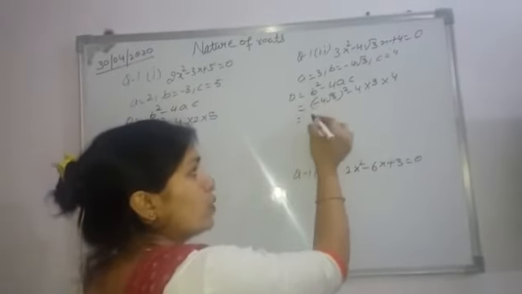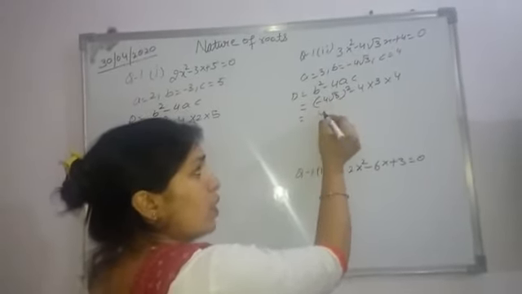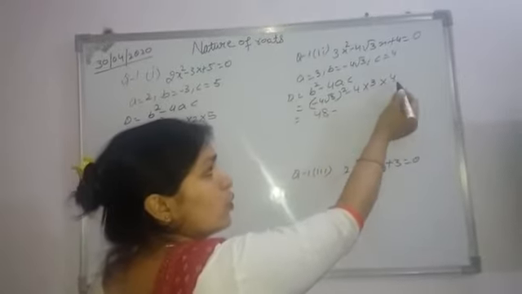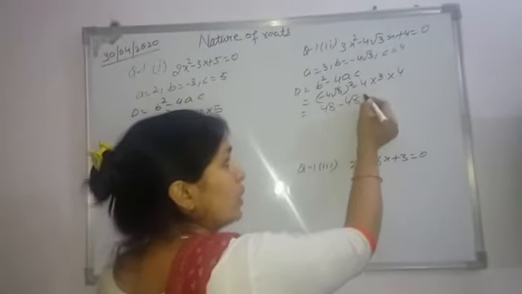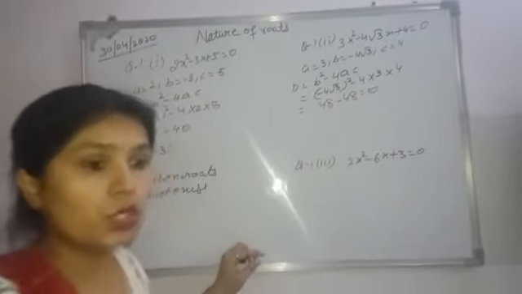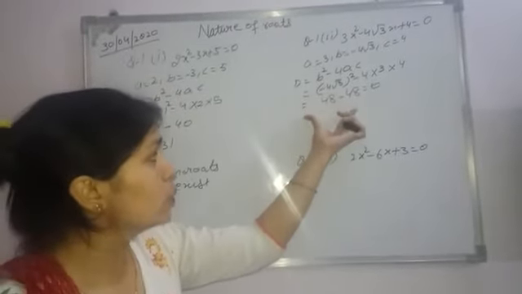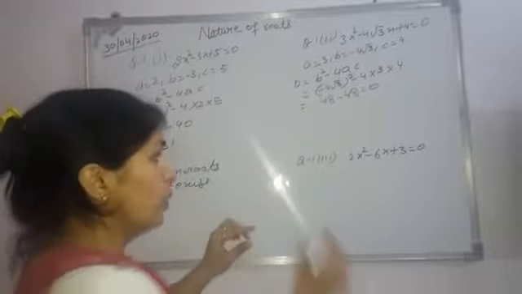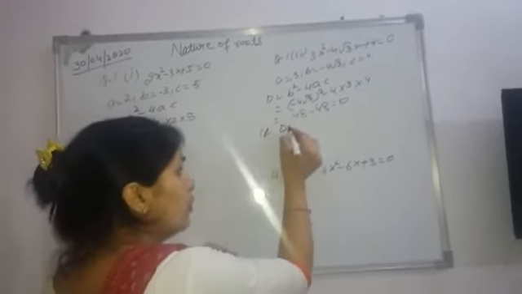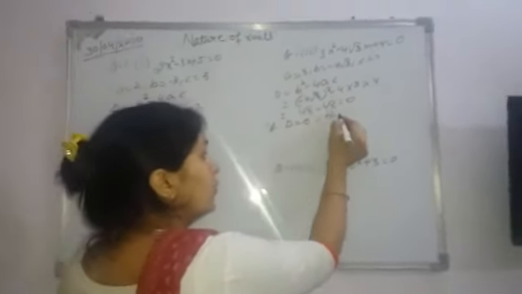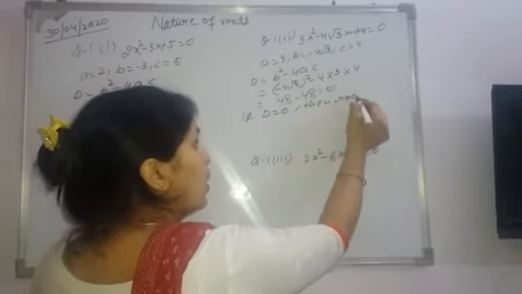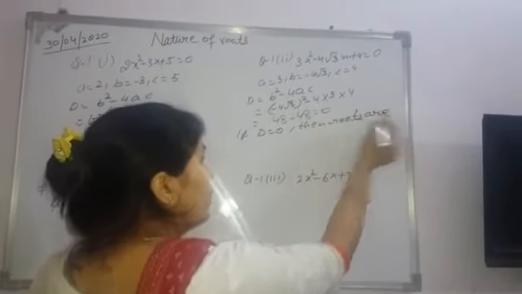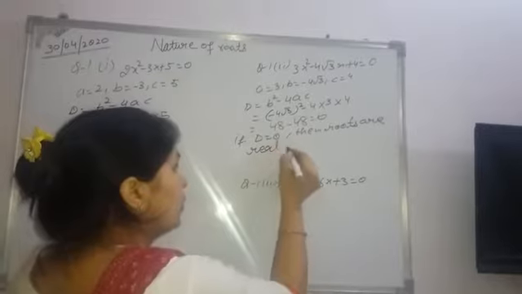Minus 4 root 3 square is 16 times 3 is 48, minus 4 times 4 is 16, times 3 is 48. So D is equal to 0, and then what is the nature of roots? Roots are real and equal, because we know that if D is equal to 0, then roots are real and equal.